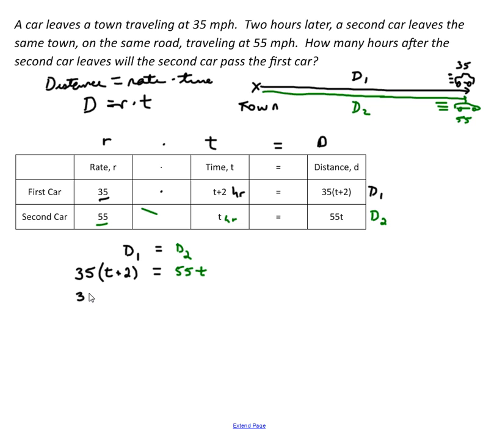We've got 35t plus 35 times 2, that's 70, will equal 55t, our second car's distance. So now we solve. Let's subtract that 35t from both sides of the equation.